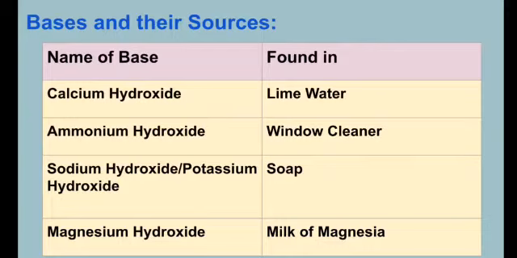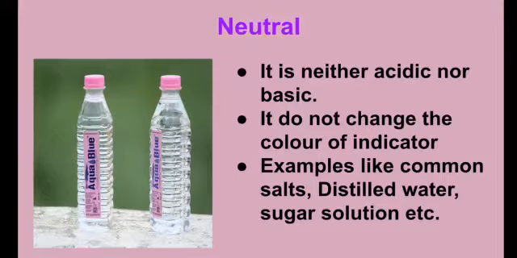So if we apply baking soda, which is a base, it will neutralize the acid. That's why we feel relief after applying this. Understand? Now we'll talk about the neutral. As I used the term neutral, applying baking soda on an ant sting gives relief due to the neutralization process.